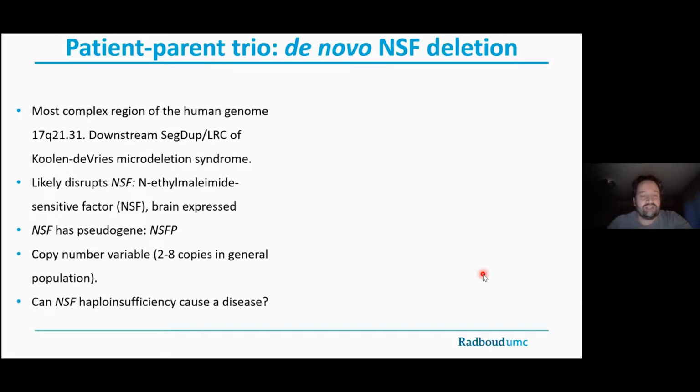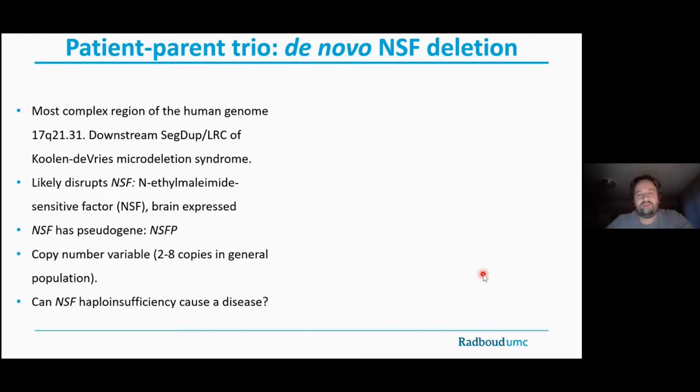So the big question is, while we now identify the very first de novo structure variant in this case, it is intriguing to speculate whether the haploinsufficiency of NSF, which this event most likely leads to, could potentially be a cause of disease. And that really requires further research. So if anyone is aware of deletions of NSF, I would be very curious to get in contact.